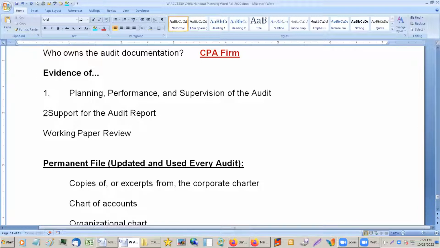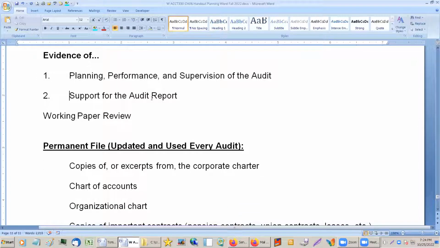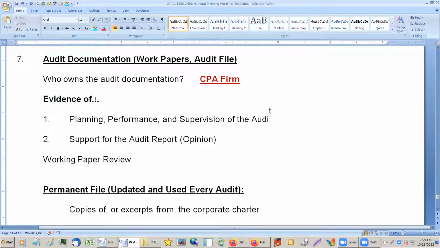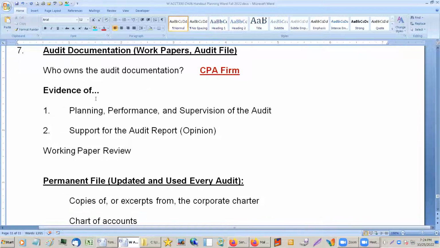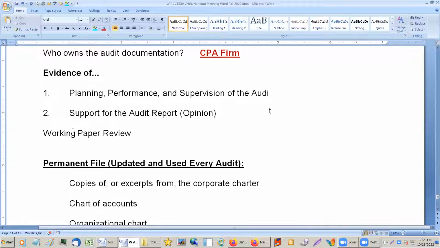It's also going to be the support you have for your opinion in the audit report, which will have your opinion. So that if you go into court, you can pull out your audit work papers and say, no, we audited that. We may not have come to a correct conclusion, but we did our job. We did what we thought we were supposed to do. So it's support for your audit opinion.